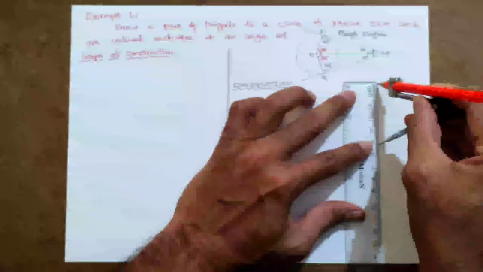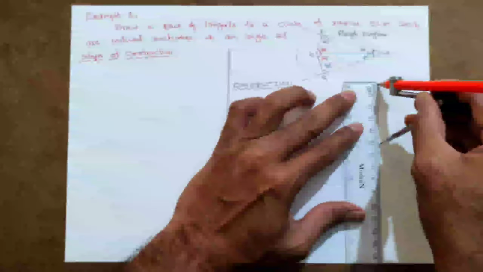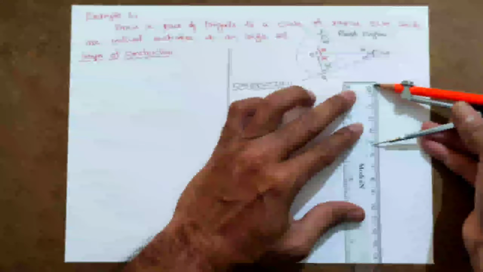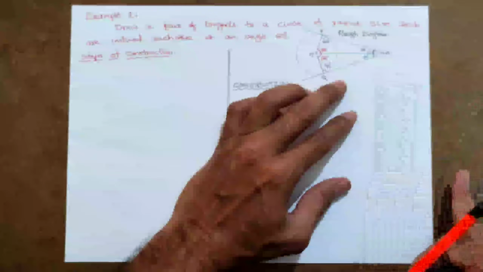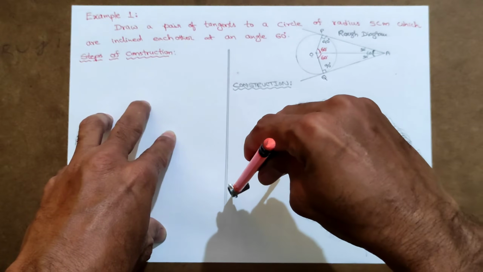Let us measure here 5 centimeter. So we are going to draw a circle of radius 5 centimeter.